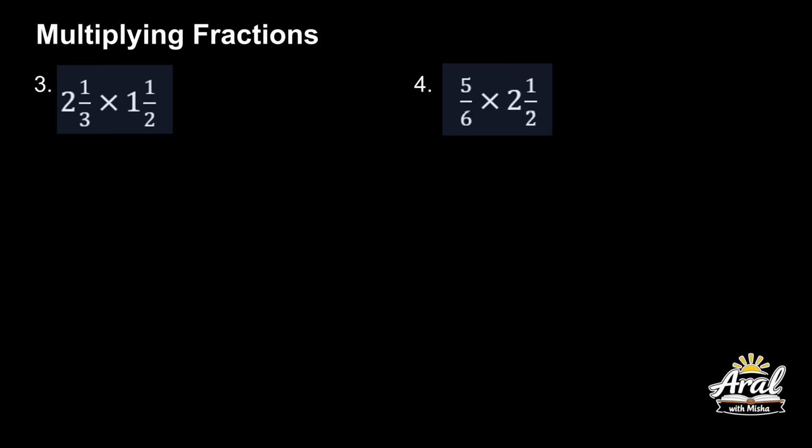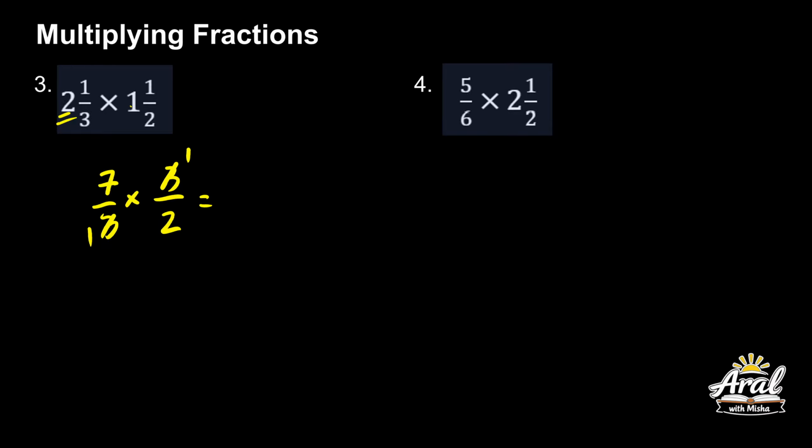Next, 2 and 1/3 multiplied by 1.5. So first, you gotta make it improper fraction. Walang whole number dito. 3 times 2 is 6. 6 plus 1 is 7. 7/3. Multiplied by 2 times 1 is 2. 2 plus 1 is 3. 3 halves. Okay, simplify 1 divided by 3, 1.